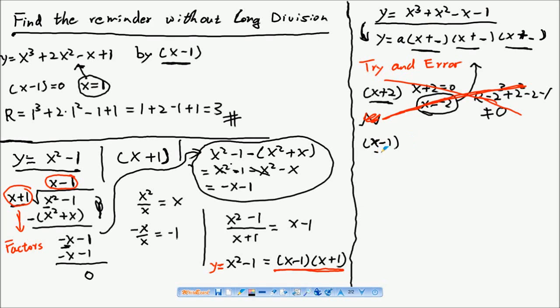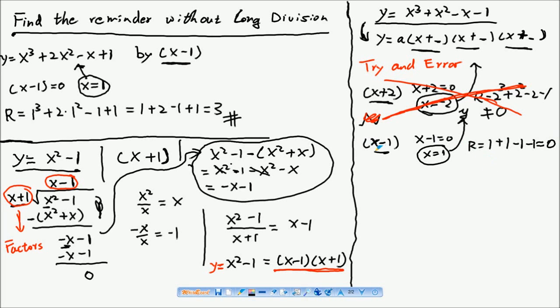To make x minus 1 equal to 0, x equals 1, so we substitute this into the function y. Our remainder is then 1 cubed is 1, 1 squared is 1, minus 1 minus 1, which is 0 in this case.